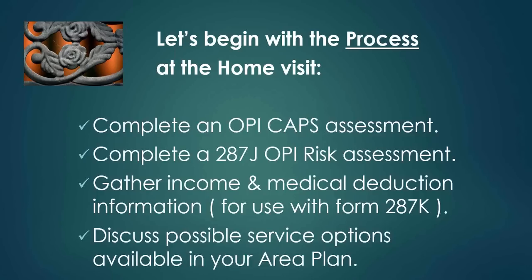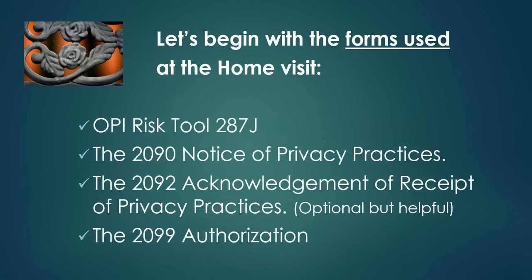So now let me look at some of the forms that you'll want to take with you to that initial home visit. You'll want to take the OPI risk tool and the notice of privacy practices, which is the form that you'll just give to them. The 2092 acknowledgement, which we're going to talk about, that's optional.